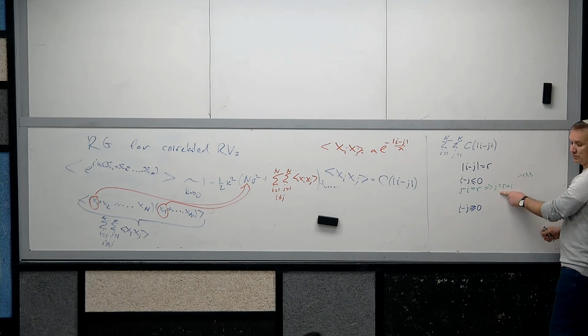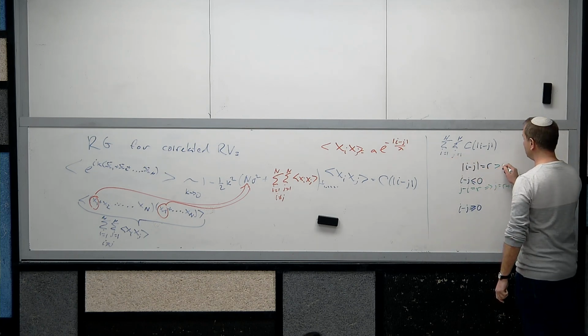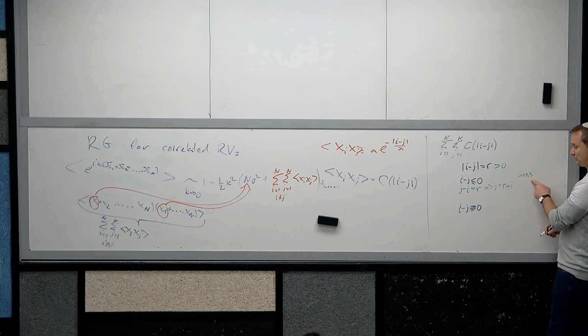Now r, because i does not equal j, is always greater than 0. So i goes 1, 2, 3, 4.